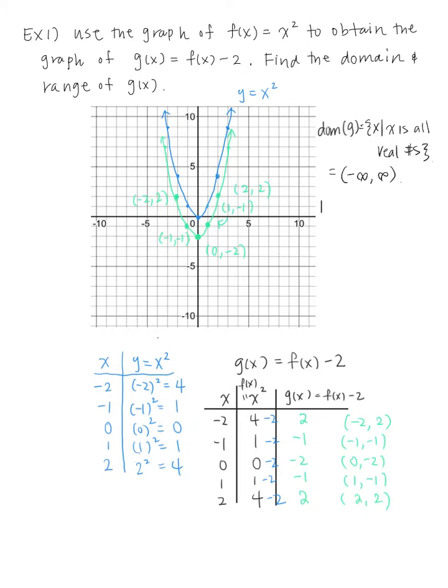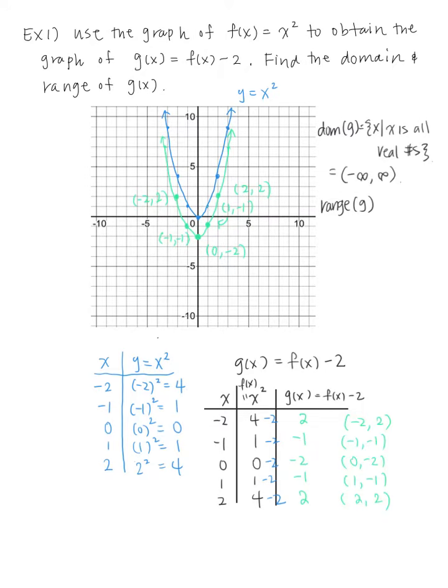All right, now let's go with the range. All right, so look at our new graph that's drawn in green. When you look at the range, you want to look at the graph from bottom upward. So from the bottom upward, right, where does the graph begin? What y value? Well, our y value starts at -2, and then it goes all the way up to infinity.